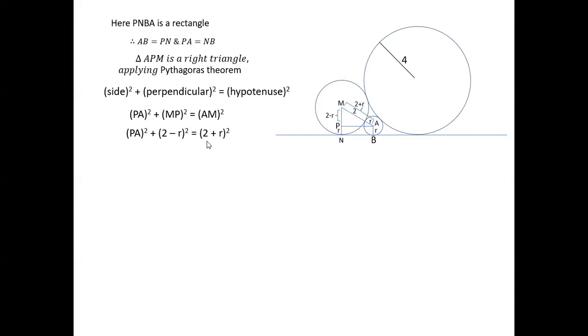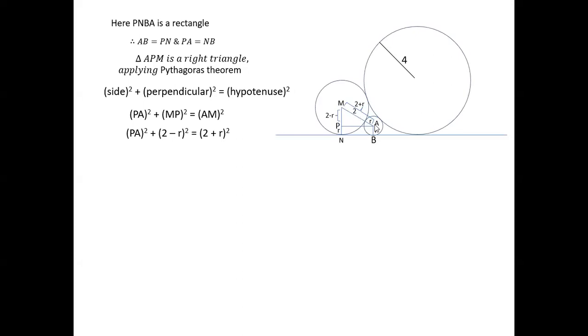So now let's put the values. How is this PM? See, this is R. The radius of this circle is 2 centimeter. So this PM is 2 minus R. Now the radius of the small circle is R. Radius of this next circle is 2.